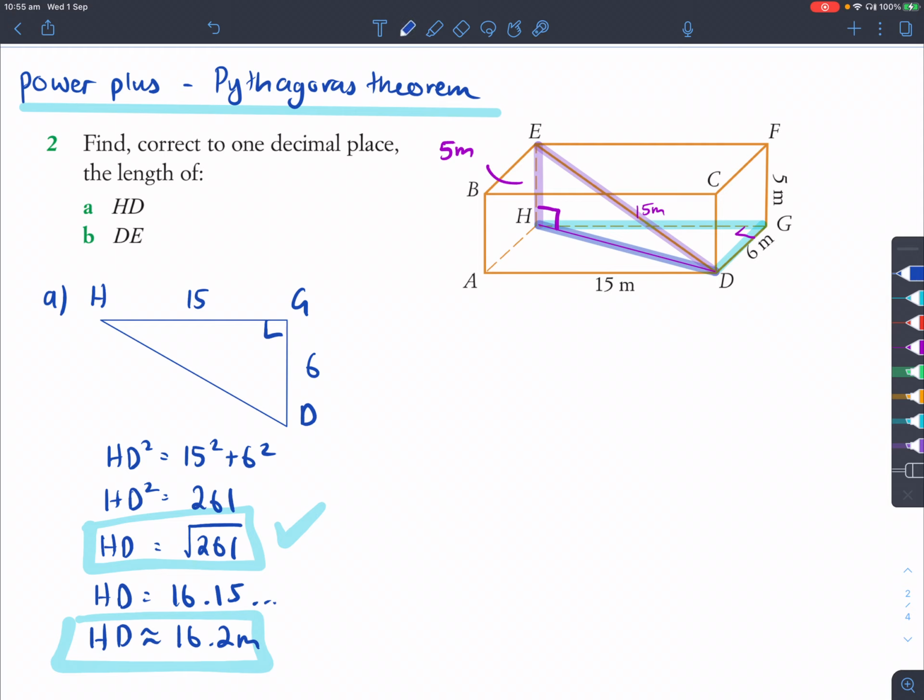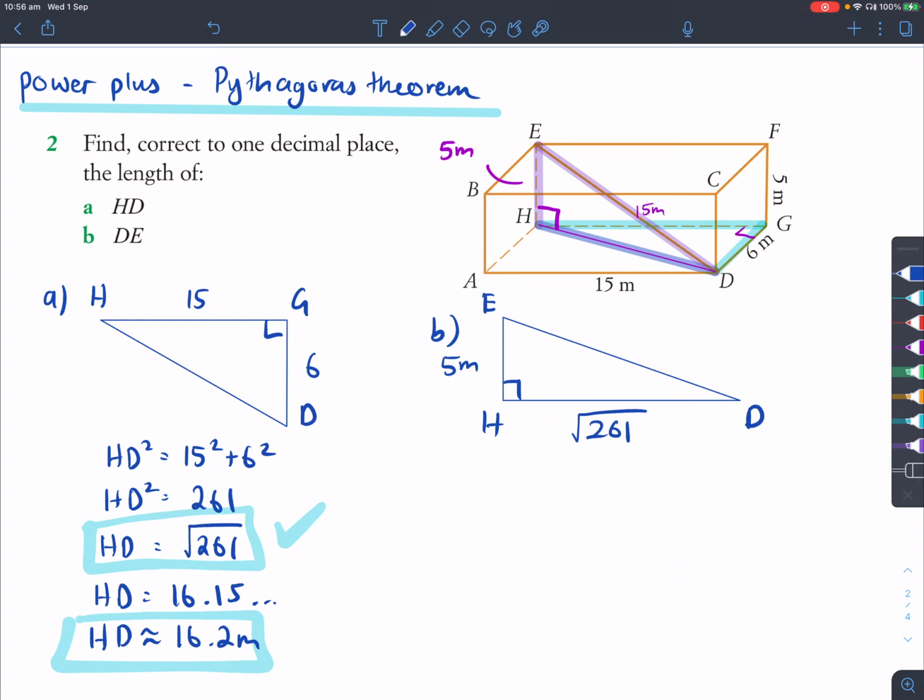In this triangle, for question B, I'll draw it out. I have a right angle there. I have HD being this and E being here. We said this length here was 5. And HD here is going to be this value here, which is the square root of 261. And now we're trying to find out what ED, or DE, is.